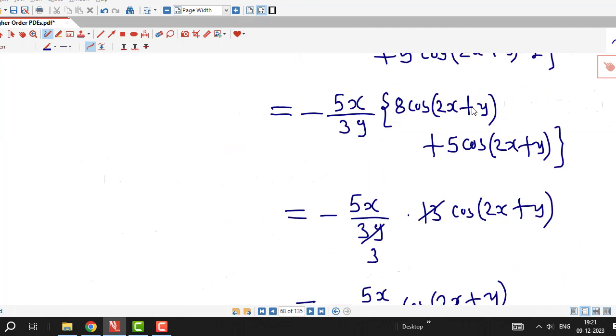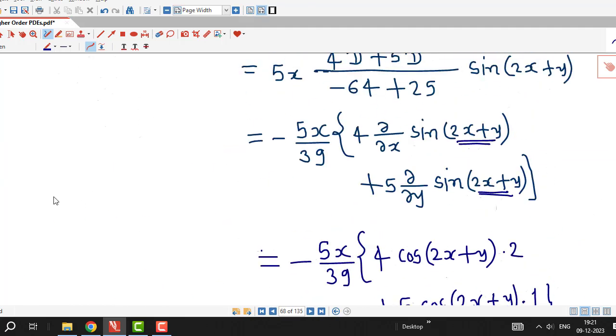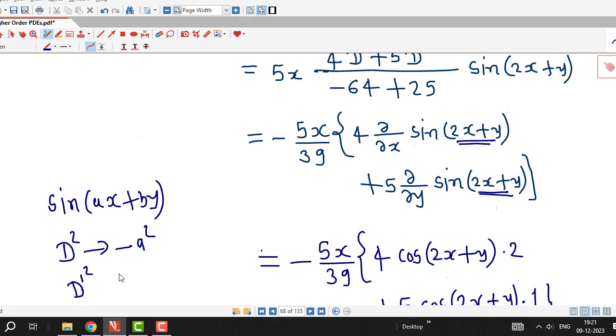So that I have written here, and this is particular solution. So in this way we can apply shortcut method. If right hand side is sine of ax plus by or cosine of ax plus by, here we have to replace D square by negative of a square, that is coefficient of x, D dash square by negative of b square, and D D dash is replaced by minus a times b. And remember, here we are replacing D square by negative of square of a.